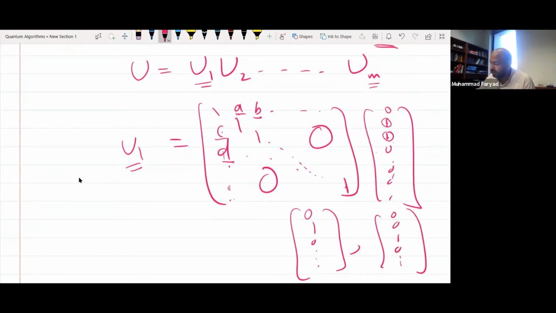Every other state is acted on by an identity matrix, because only the non-zero elements present here and here impact this computational basis state and this computational basis state. This is called a 2-level unitary operator.